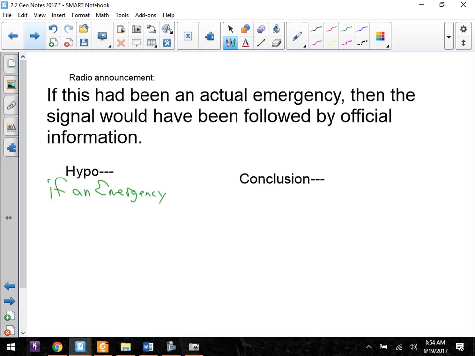And eventually, what we will get to is, I don't know if I showed you guys this yesterday. I think I showed the other class. We're going to get to the idea of what's called a 2-column proof. But in order to do that, what we start with is something fairly simple.